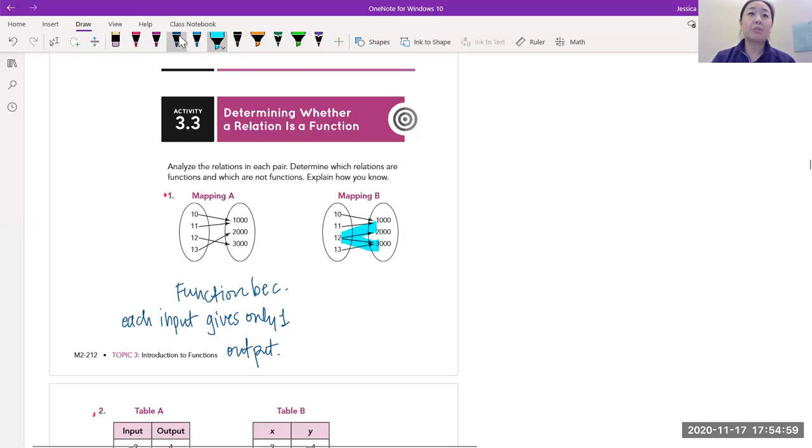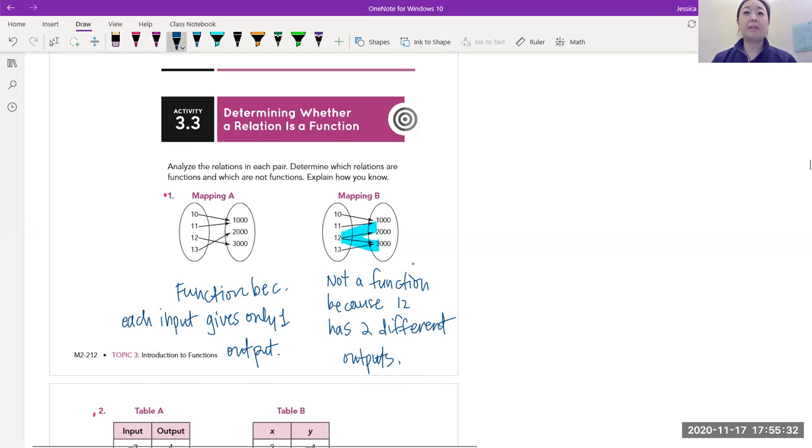So this one is definitely not a function, because 12 has 2 different outputs. So we're just trying to be specific here, all right?